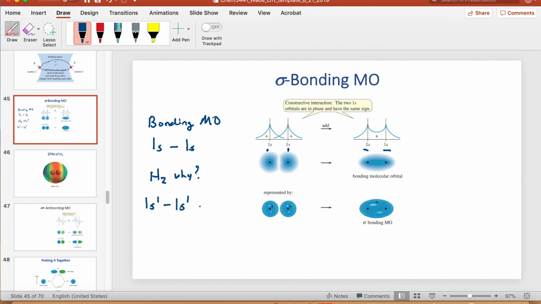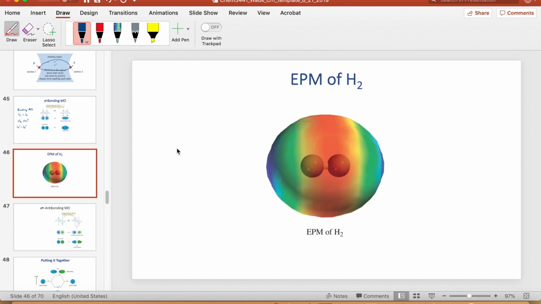Now, you can actually see this if we do what's called an electrostatic potential map. We can calculate those through quantum chemistry, and they give us this idea and show us what this bonding looks like. So you can see here in this picture, the red is typically what's indicative of electron density.